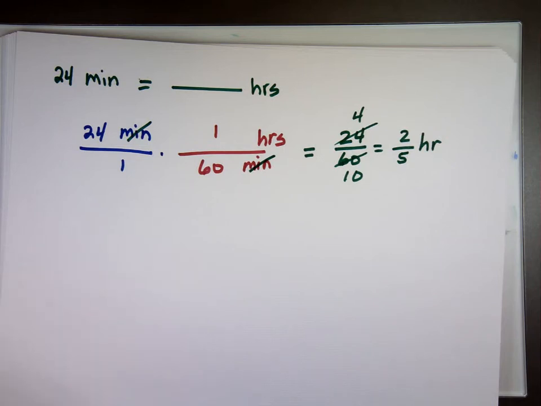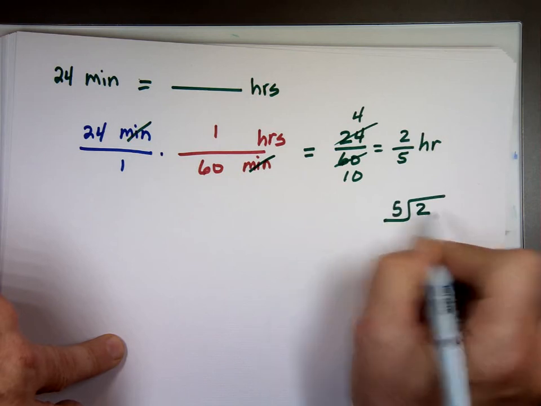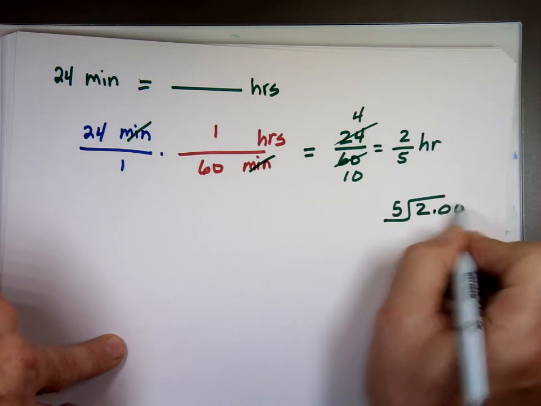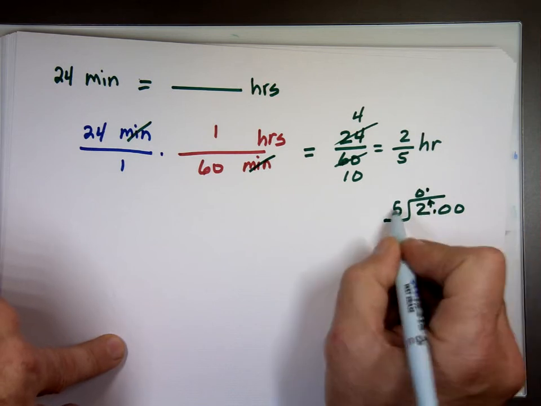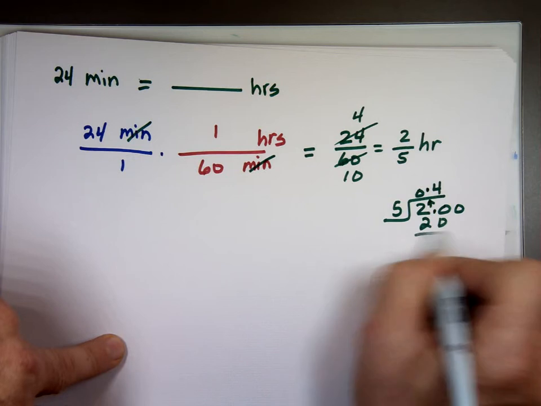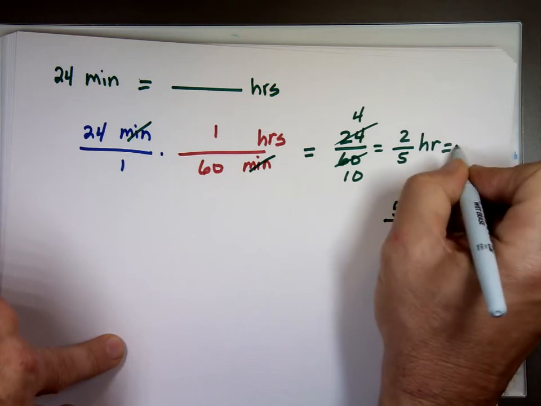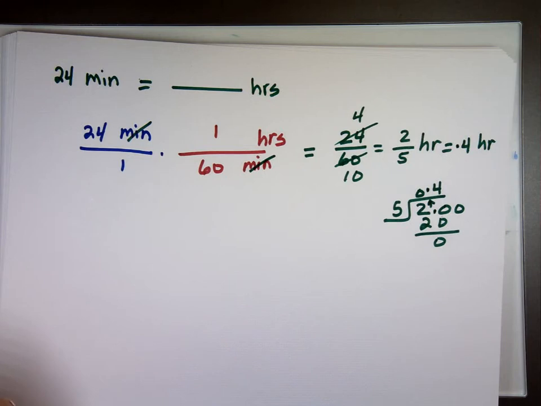If you want to divide them, you go 2 divided by 5. There's your decimal point, add zeros. So 2 you can't. 20 by 5, which is what? 4. 4 times 5 is 20. So that's 0.4 hour. Doesn't matter what the units are.